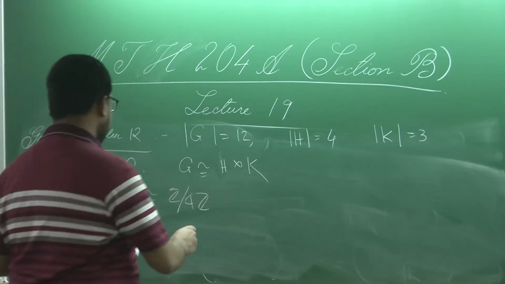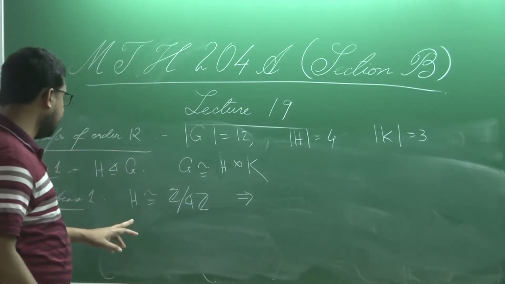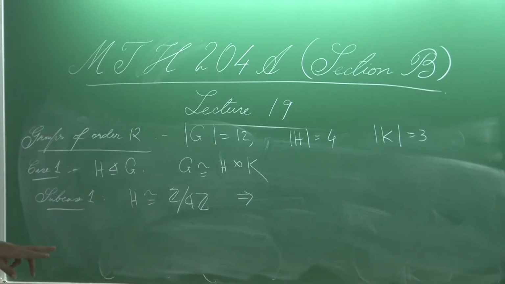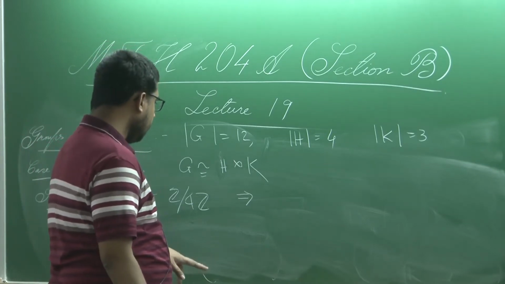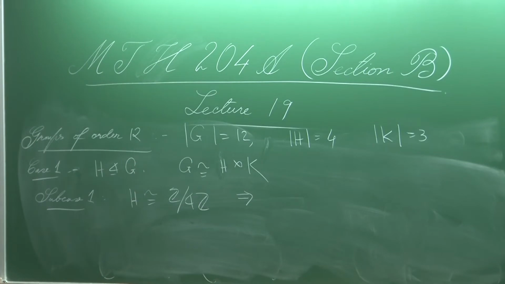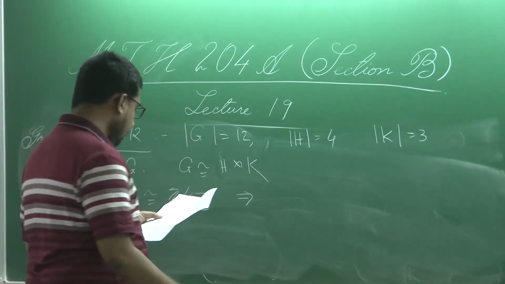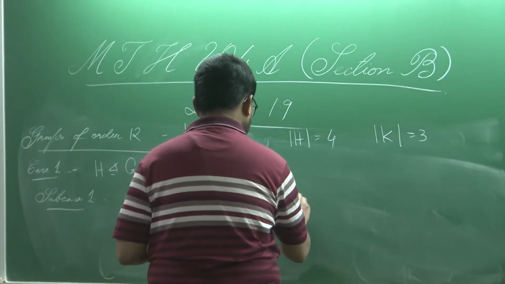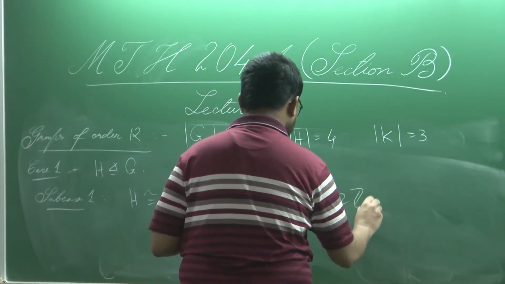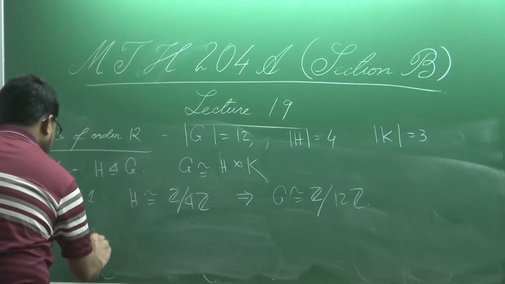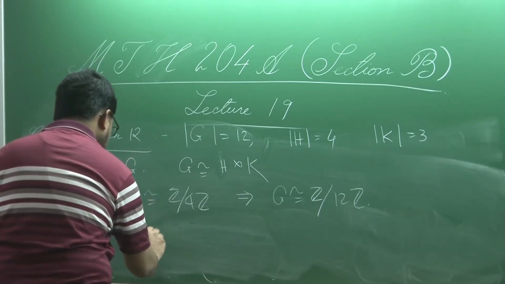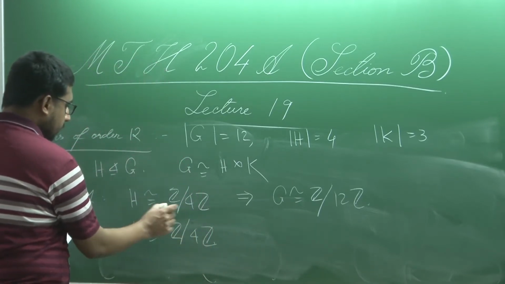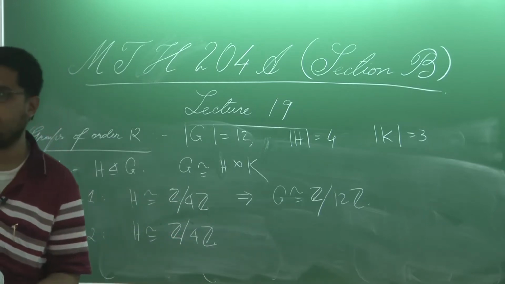Since H is normal, if H is Z modulo 4Z, then its automorphism group is isomorphic to Z modulo 2Z, so it has order 2.